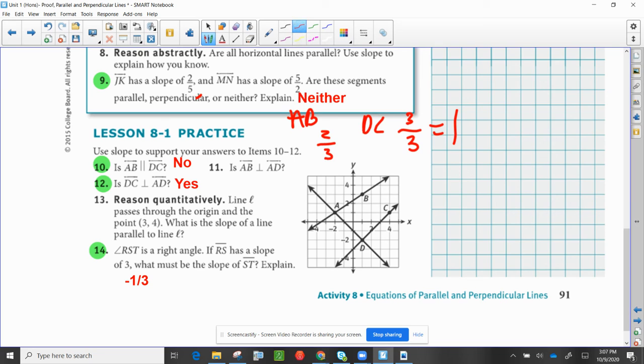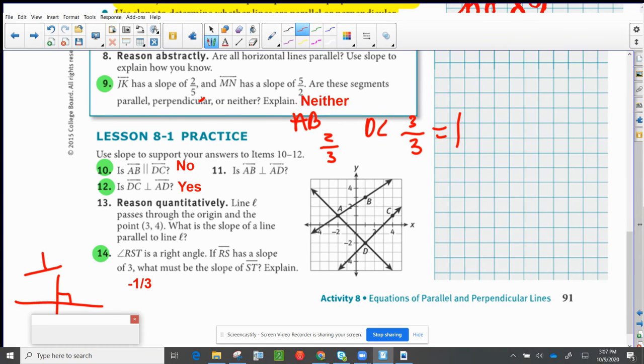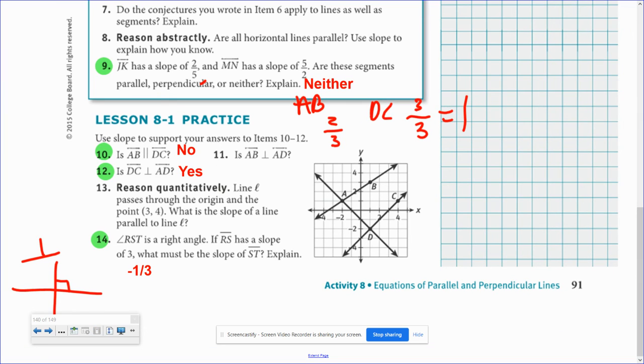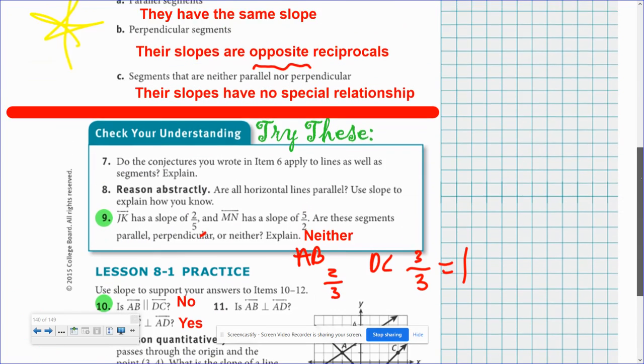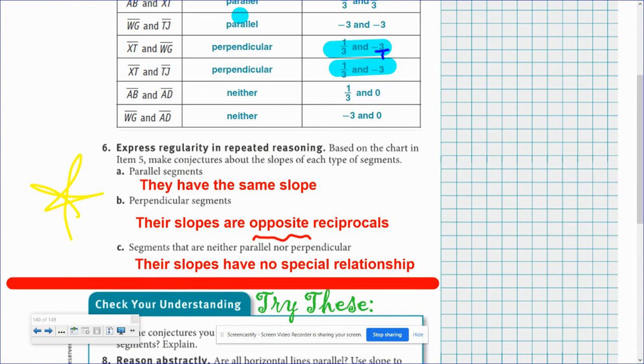If they form a right angle, that implies we have perpendicular lines. So +3, -1/3. That is our first lesson on slopes of parallel and perpendicular lines. The main topic to remember is this relationship between the slopes and their classification. Same slope, parallel. Opposite reciprocals, perpendicular. Anything else would just be neither. There's no relationship.